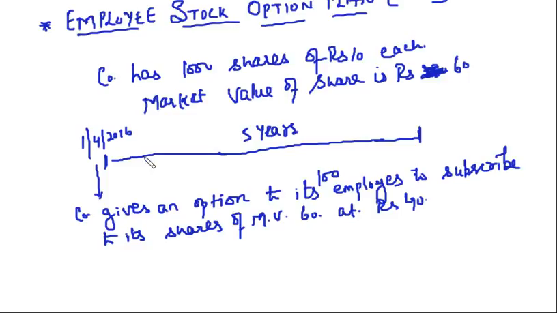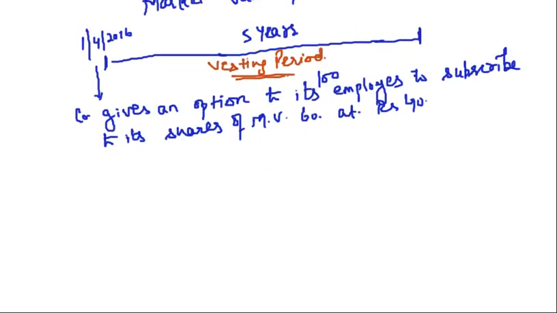Clear? Now, this 5 years period is known as vesting period. Right? This 5 years period is known as vesting period. Clear? Now for the company, the market value is 60 rupees, but the option value is 40 rupees. Now what is this 20 rupees?